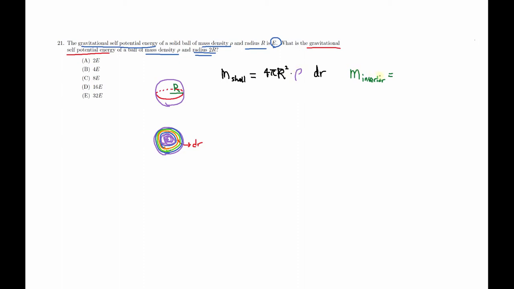Well, it's going to take the volume of 4 over 3 pi r cubed, that's the volume of the sphere, times the ρ. Okay, now we have the mass of the interior up to that r.